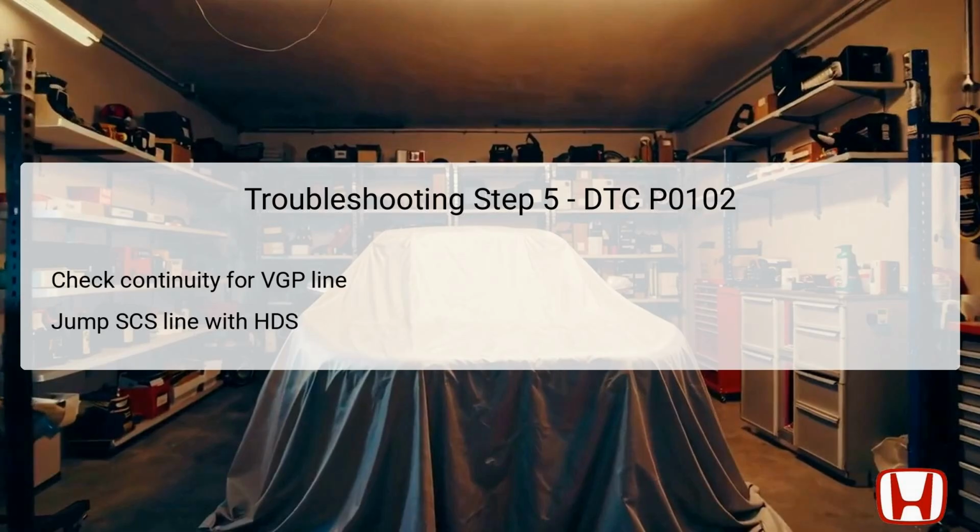to be examined. Step 6 focuses on further continuity checks within the VGP line. Begin with the ignition switch in the lock position, 0, ensuring that both the MAF IAT sensor 5P connector and the ECM connector B, 49P, remain disconnected.